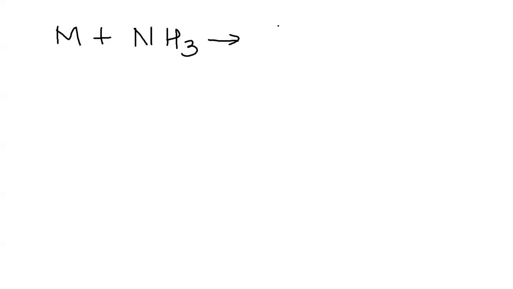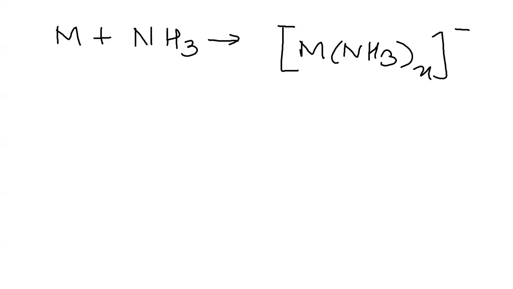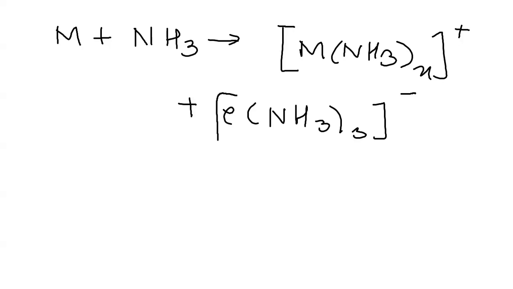So what we see is that M combines with ammonia to give a metal ion, which is a complex ion, and an electron with NH3 taken thrice. These are the ions that they form in liquid ammonia, because the alkali metals are soluble in liquid ammonia.